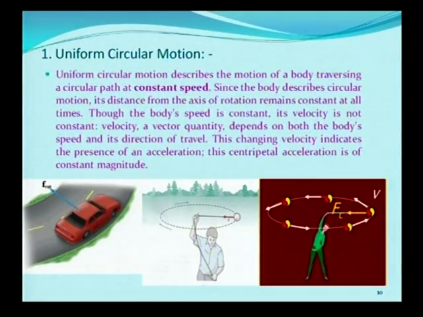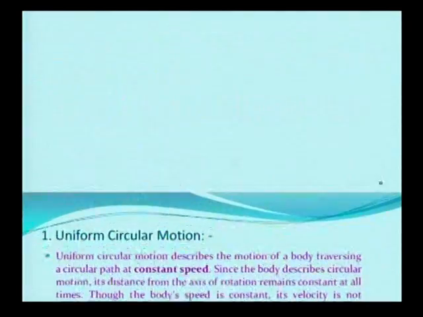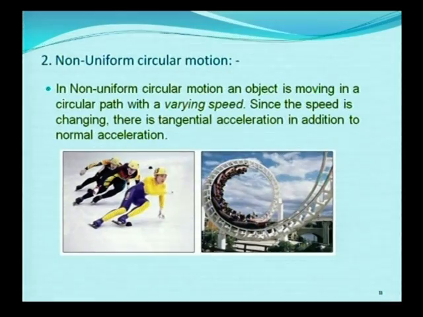And we already did this: one stone is moving along the circumference of the circle with constant speed. And the gymnasts, when they are rolling the balls, also move with constant speed, but the velocity changes.